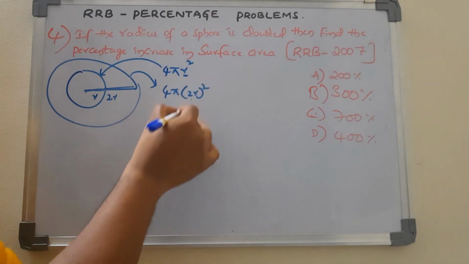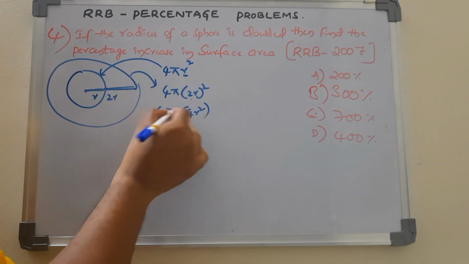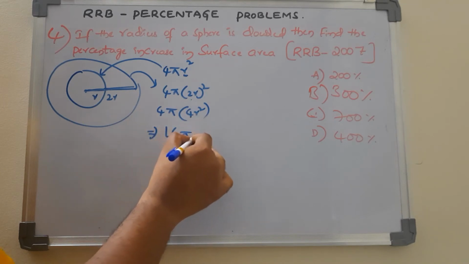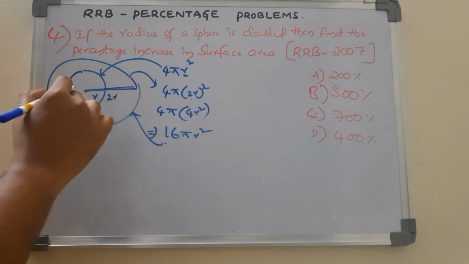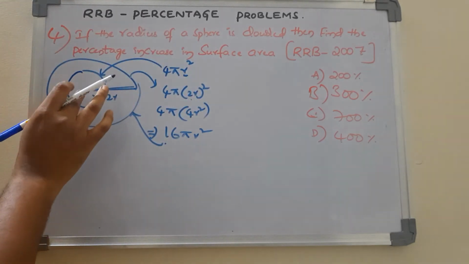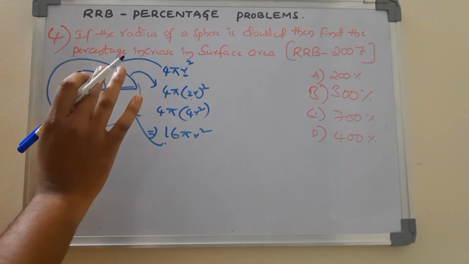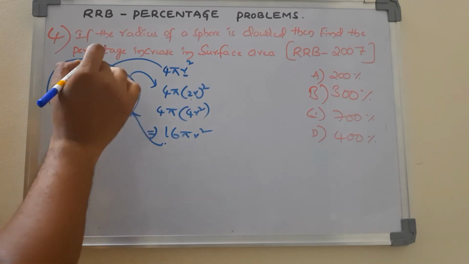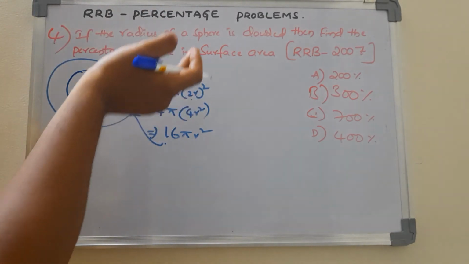4 pi, 2 square means 4, r square means r square. 4 into 4, 16 pi r square. This is the surface area of the outer sphere. But we need to find the percentage increase in the surface area. Whenever the radius is doubled, the surface area is also increased, right? So how much percentage is the increase in the surface area?